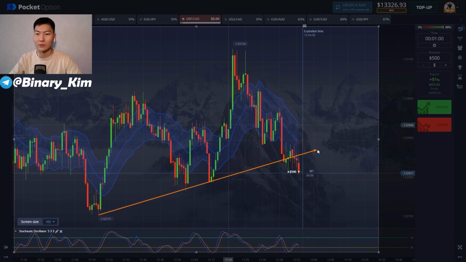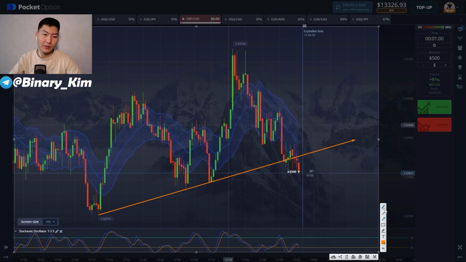If we look at the price dynamics, the breakdown of the support level did happen, and we already saw a massive correction here. And basically, if we consider this area, then this is a perfect correction. So we play ahead of the market and we realize that the price has to bounce off and start going up.